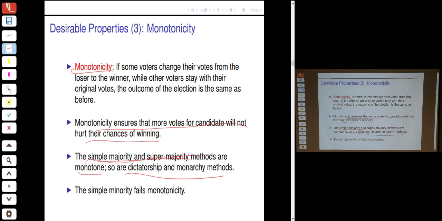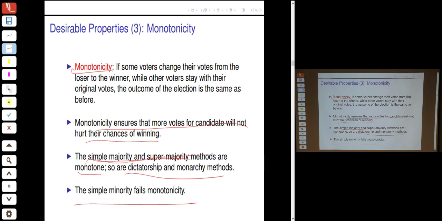A method which fails this test is simple minority, because in simple minority you are picking the winner as the person who received the least number of votes. If you switch some of the votes of the other candidates in favor of the candidate who won by simple minority, then he might no longer remain the person who received the lowest number of votes, right?